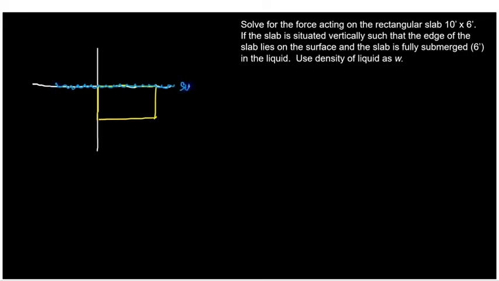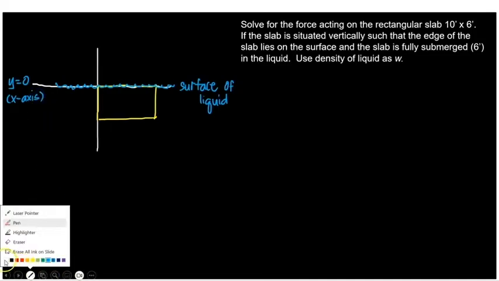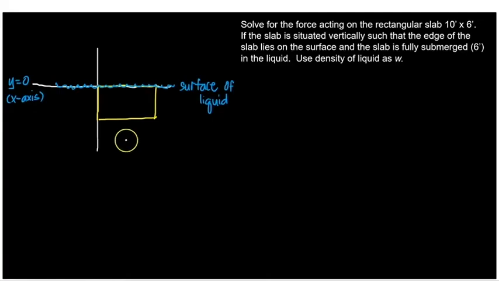That is the surface of the liquid. This is your y equals 0, or the x-axis. Let's label what we have here: 10 feet by 6 feet by 6 feet by 10 feet.